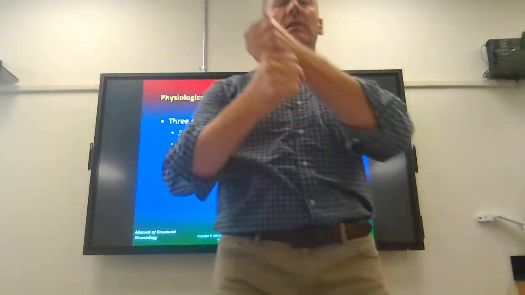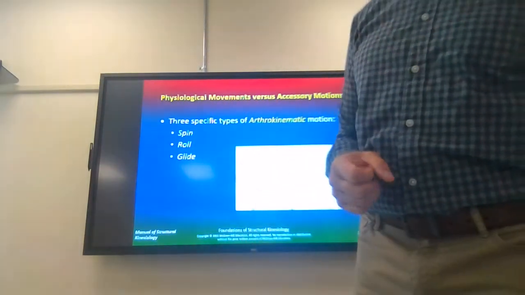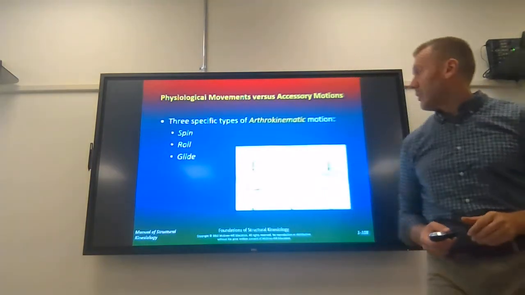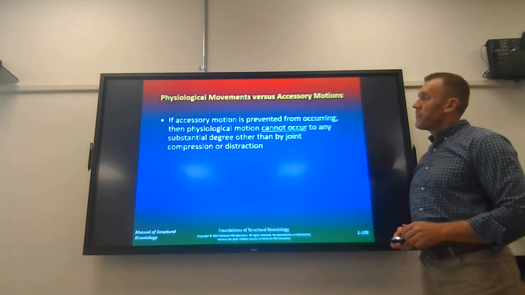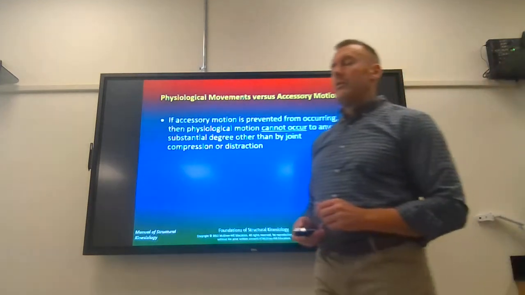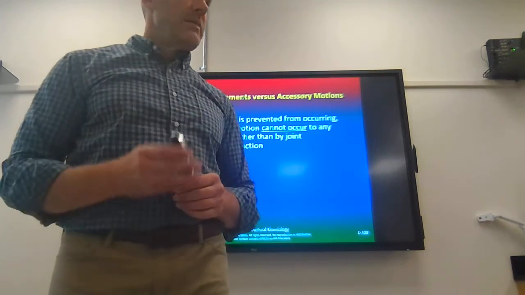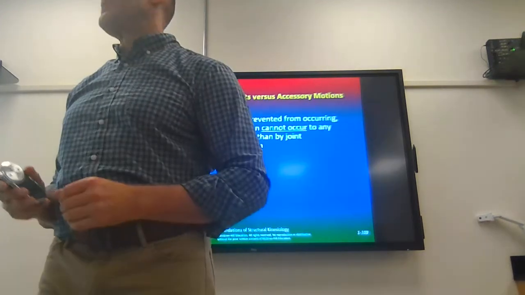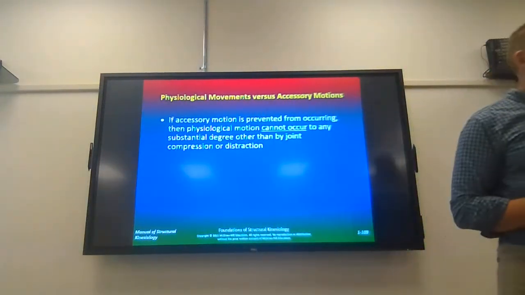So the tibia spins relative to the femur as we flex and extend the knee joint. The other ones we have are roll and glide. So if we don't have accessory motions, then the osteokinematic motions can't occur to any substantial degree. So these are very important motions that take place.